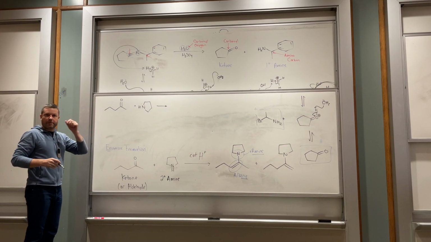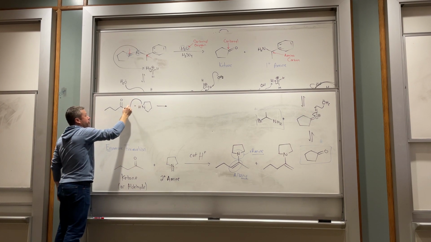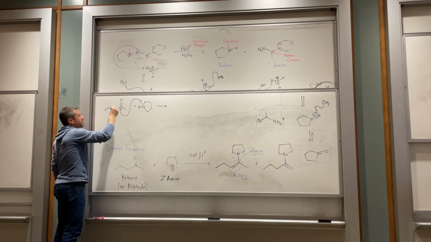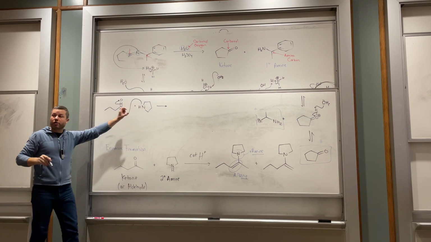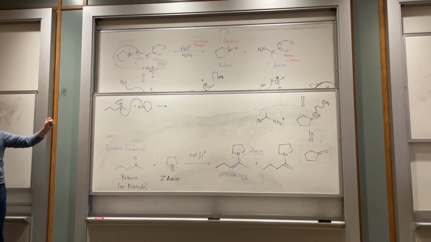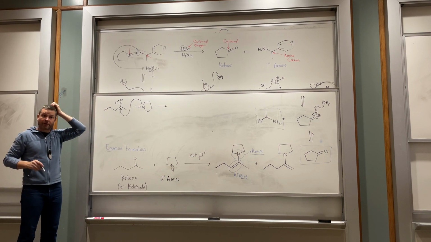And then this is going to be acid catalyzed. So we'll start the mechanism by showing the addition of the amine group to the carbonyl. Remember, amines are nucleophilic enough to add to carbonyls without forming a more reactive electrophile, without protonating the carbonyl first.